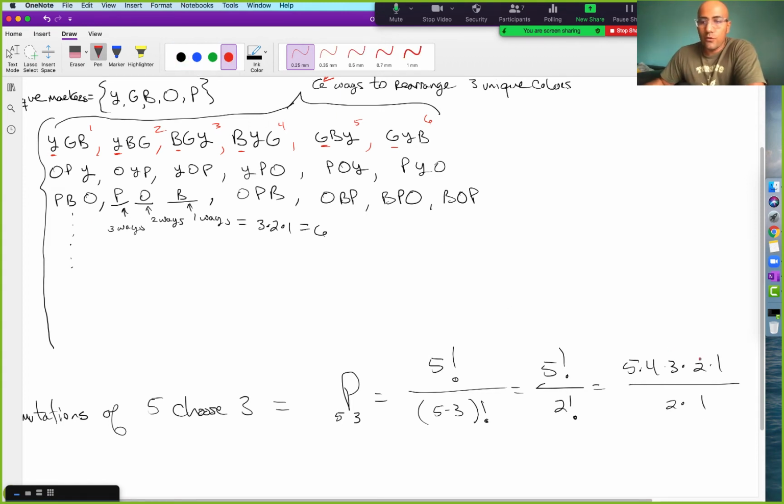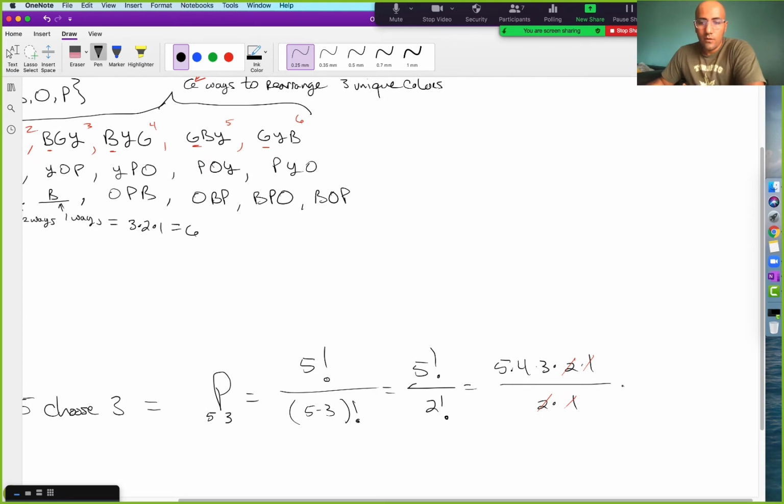Now the 2 and the 2 cancel, the 1 and the 1 cancel, and so the only thing that survives is 5 times 4 times 3, which equals 60.